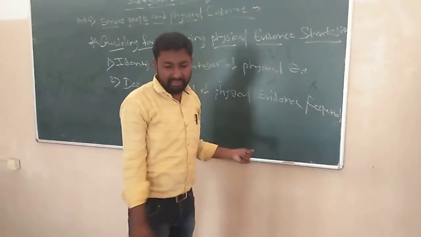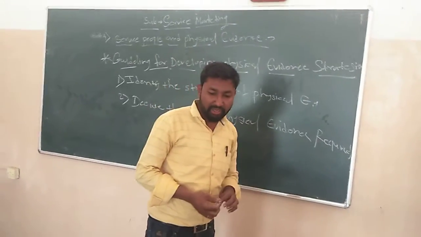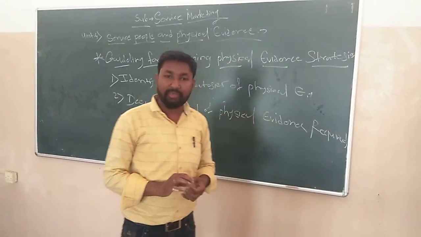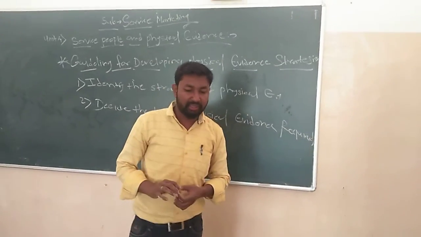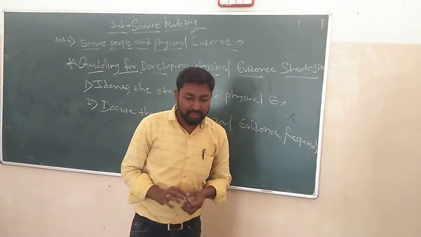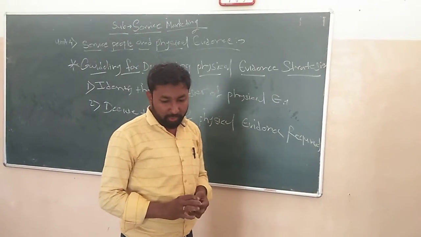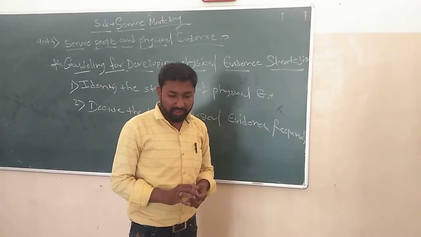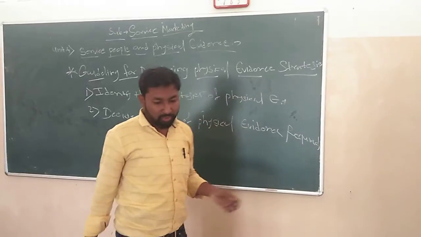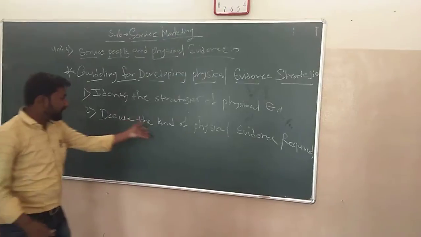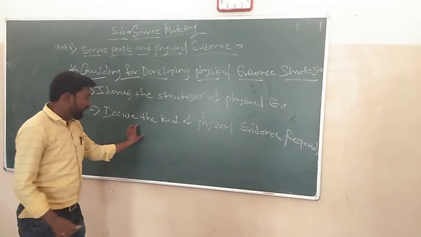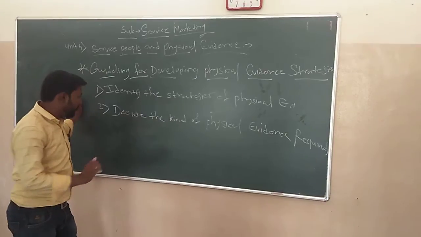It is necessary to decide the kind of physical evidence required. What is the role of service marketing? According to its possible design, the servicescape, service blueprint, placement, equipment, and furniture should be the most important things. That is supported. Decide the kind of physical evidence.